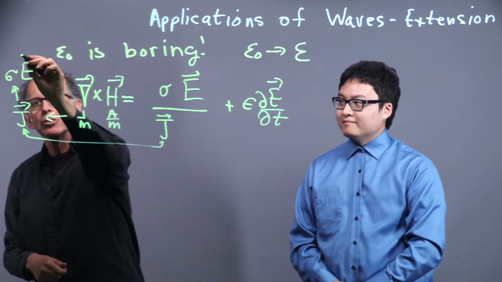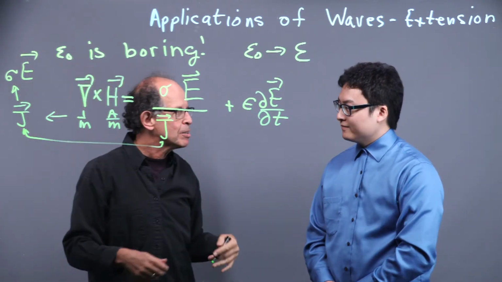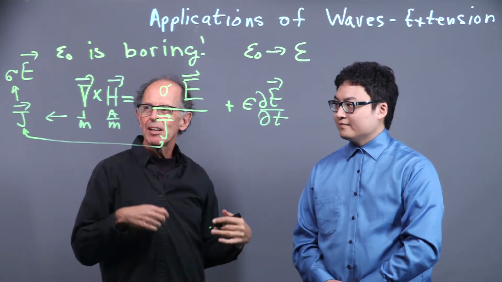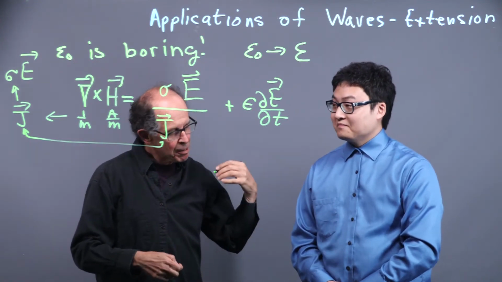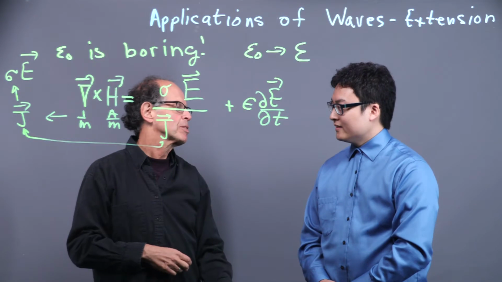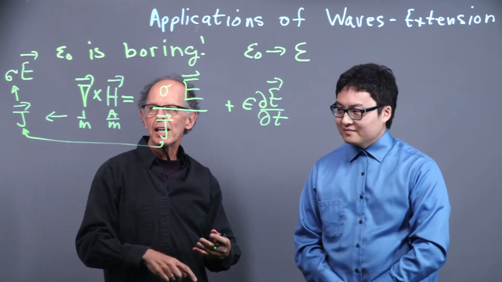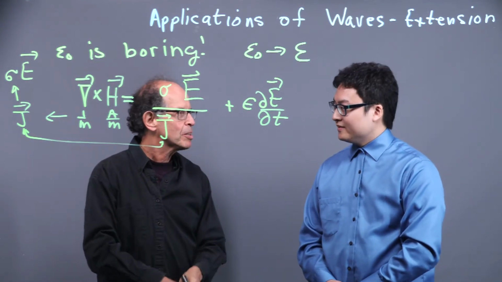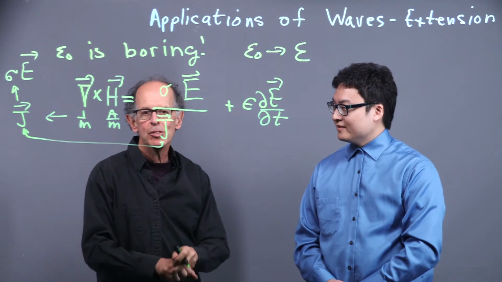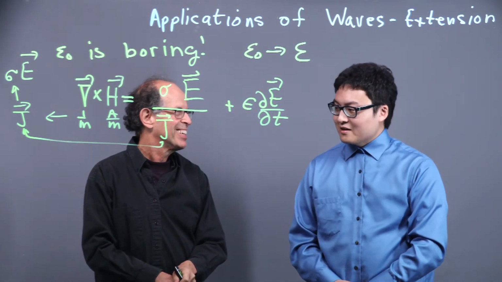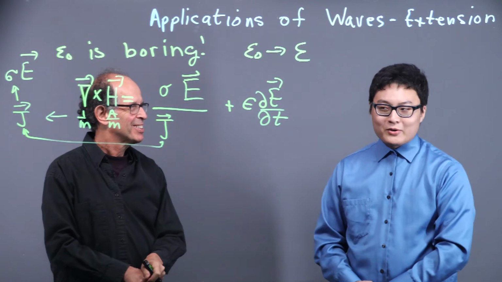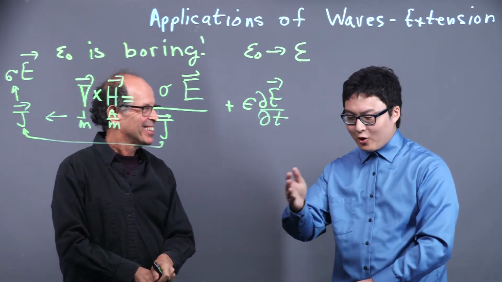Now, J equals sigma E is a famous equation if we think of standard circuits. So J and E and sigma, what is it if we were thinking standard circuits? Ohm's law.